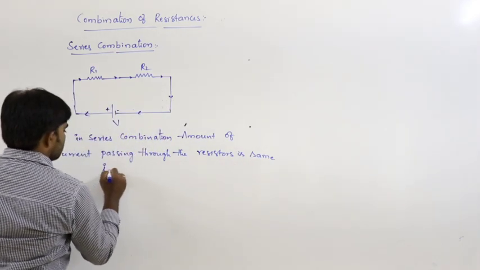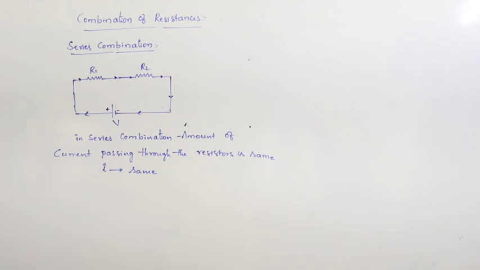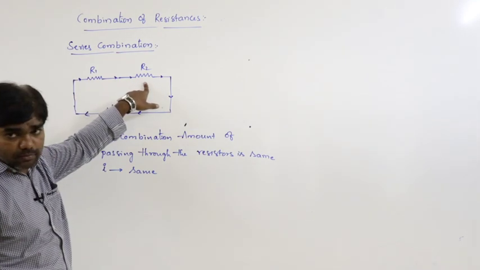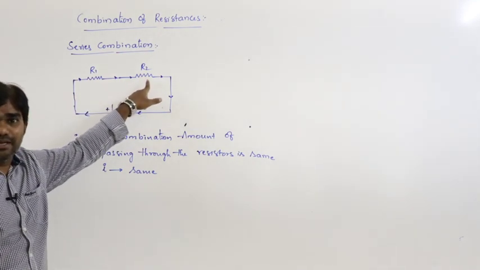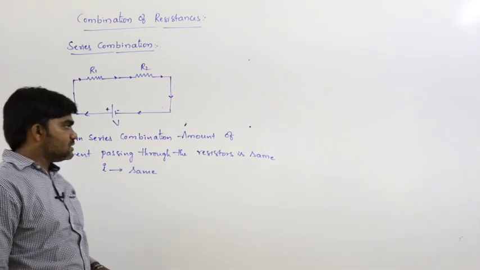That means I is the same in case of series combination. The amount of current that passes through the first resistor and the amount of current that passes through the second resistor must be the same. So the amount of current passing through the resistance is the same.